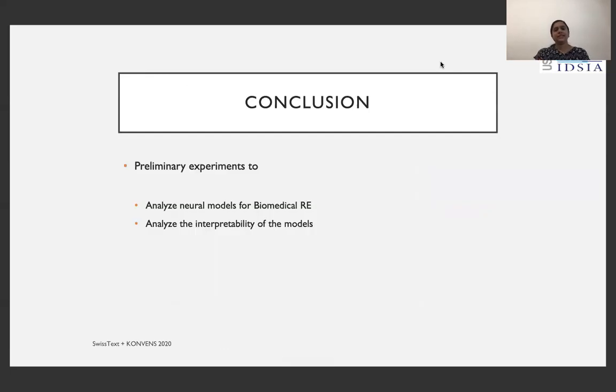So in this discussion, we have seen our preliminary experiments and study to analyze the neural models for biomedical relation extraction, specifically the BERT model, and other factors which could impact the performance of the model, and we analyzed the interpretability of the models using attention visualizations.